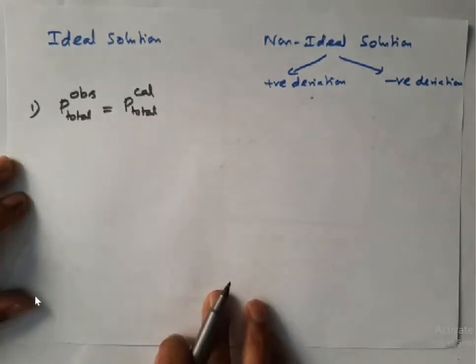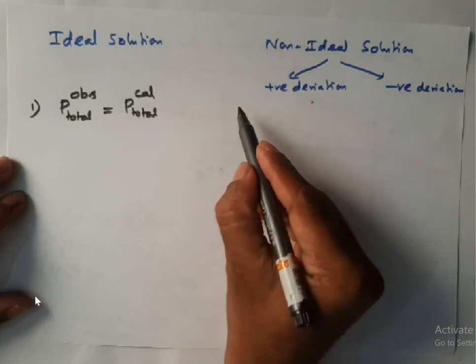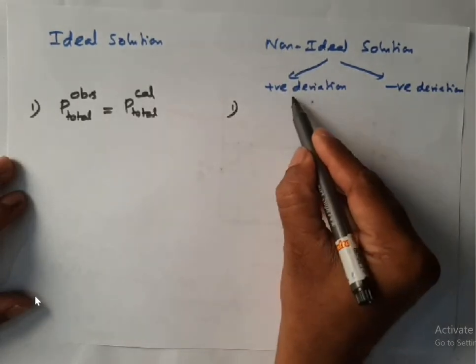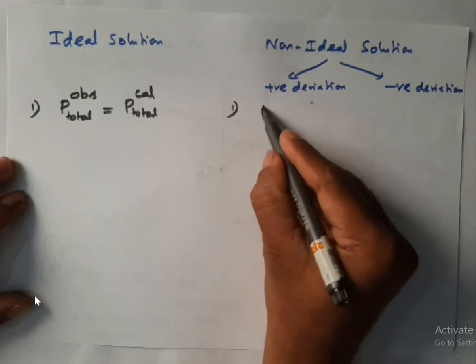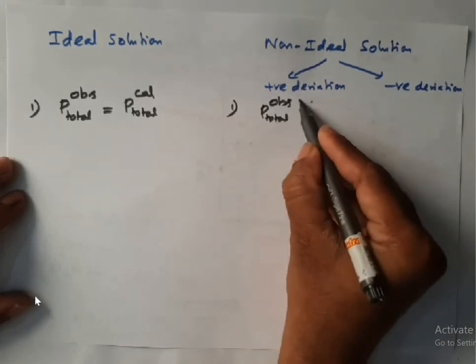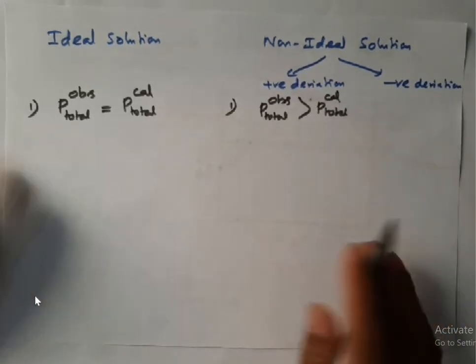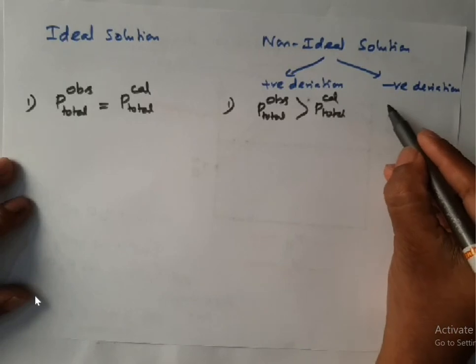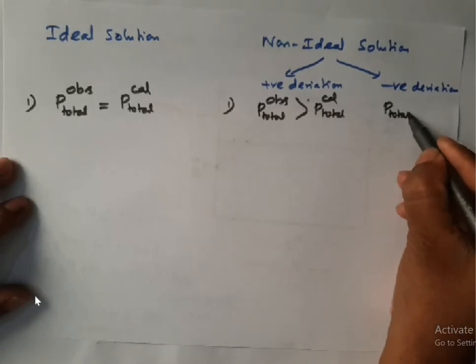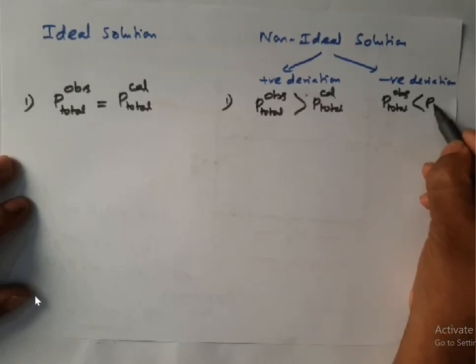They are equal, right? Whereas for non-ideal solution, if solution shows positive deviation, the observed total pressure is greater than the calculated total pressure. For solution showing negative deviation, the observed total pressure is less than the calculated total pressure.